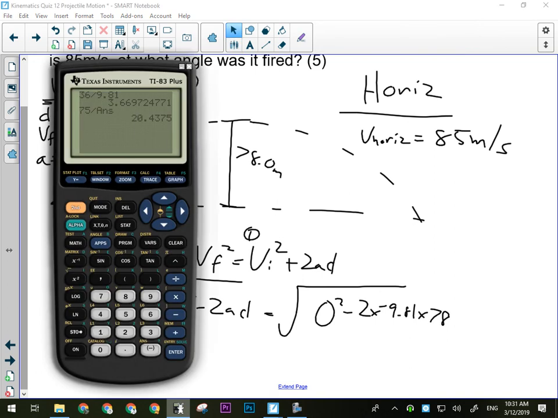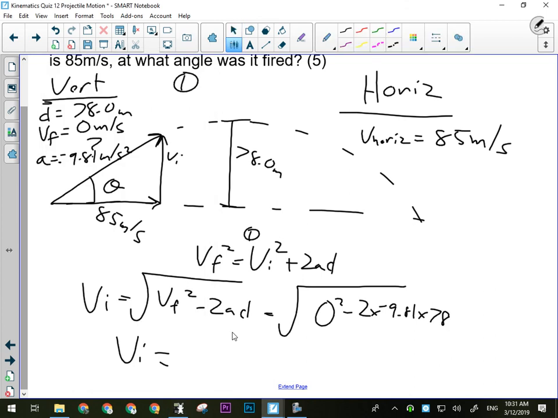So we're going to have the square root of 0 minus 2 times negative 9.81 times 78. I'm getting that my initial vertical velocity was 39.11 meters per second. I can have a mark for that.